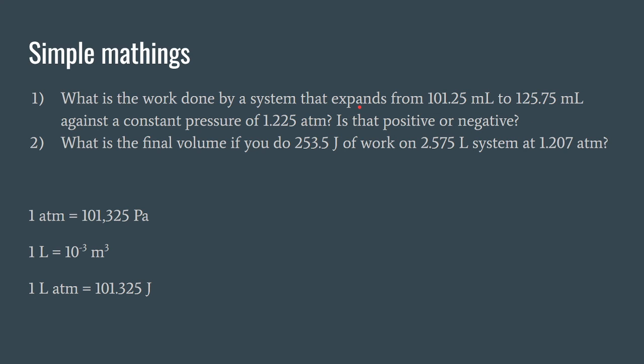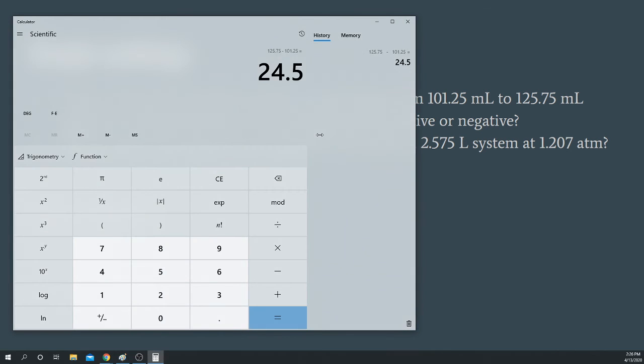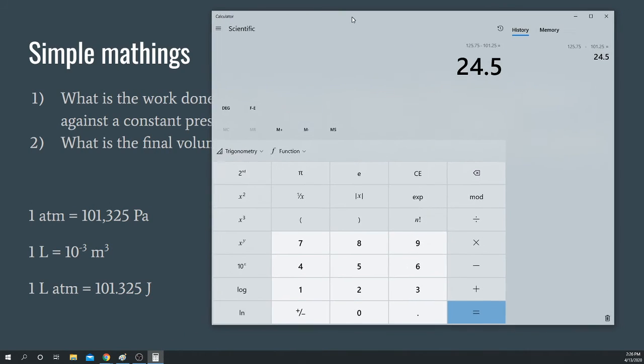It's expanding, so that's going to be positive. Constant pressure of 1.225 atmospheres. So 1.225 atmospheres is how many pascals? You multiply by 101,325, 124,123.125. All right.